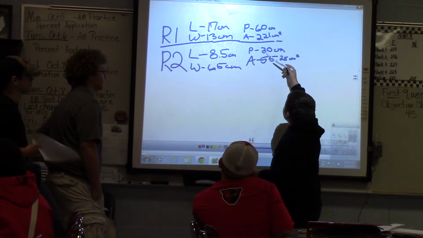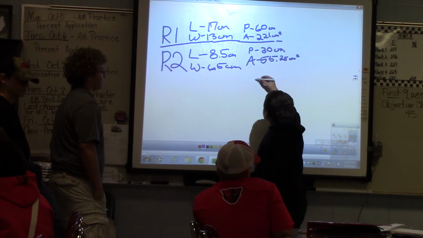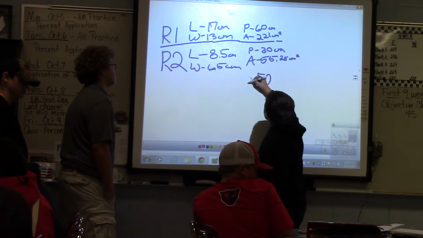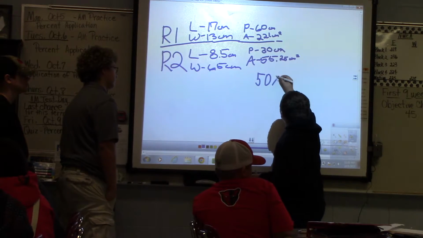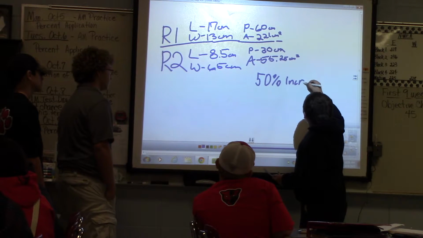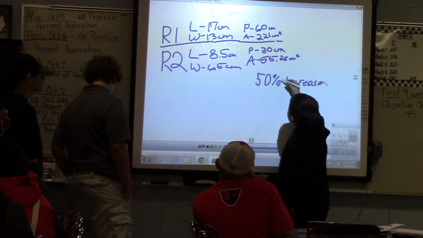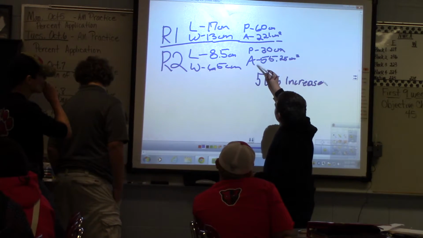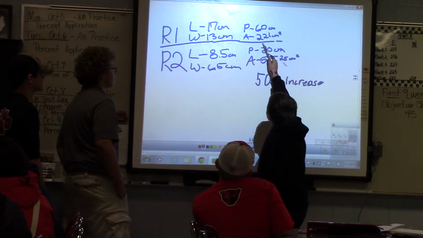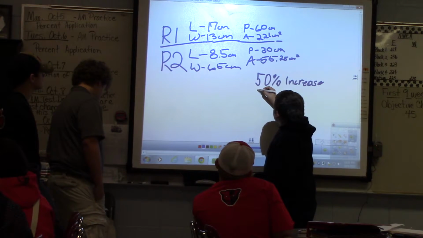That's also a 50% increase. And for the area, 55.25 is 1/4 of 221, so that would be a 75% increase.